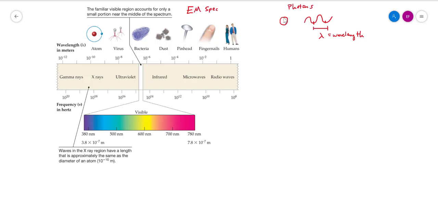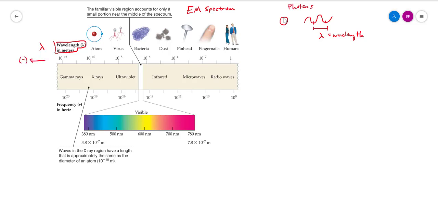And I'm showing you a version that comes from your textbook. And so what we see are a variety of different classifications of photons by their wavelength. So we have wavelength in meters here. So this scale, this is wavelength, lambda, in meters. This is getting smaller in this direction.